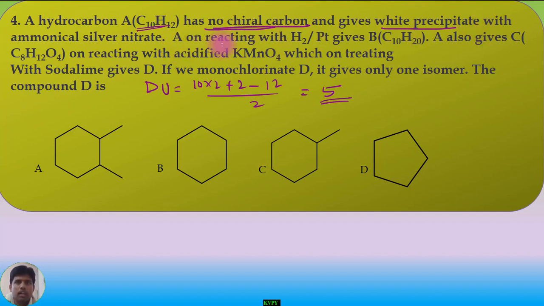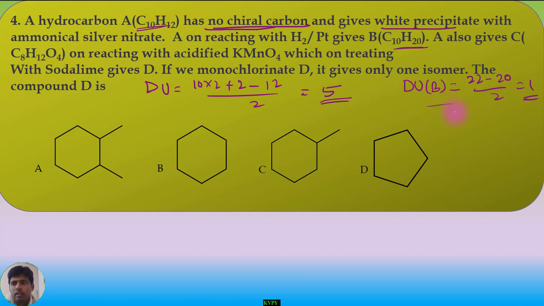A on reacting with H2/Pt gives B. So it is after reduction that it gives B. DU for B, let us see, is equal to (22 minus 20) by 2, which is 1. So after hydrogenation also we have 1 DU. That means it has a ring.